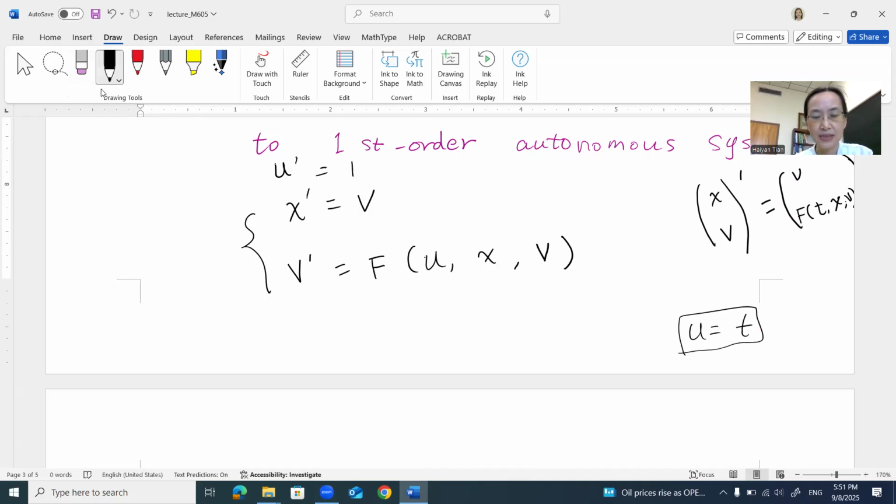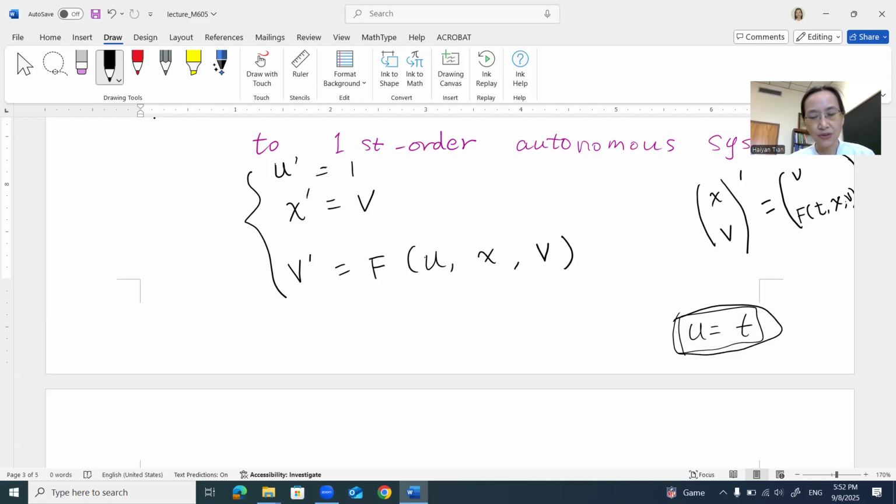See, second order has been reduced to first order. So nothing is for free. When second order is reduced to first order, we get one additional equation. And also when the non-autonomous is made into autonomous, we introduce another equation, that is, u derivative is 1.